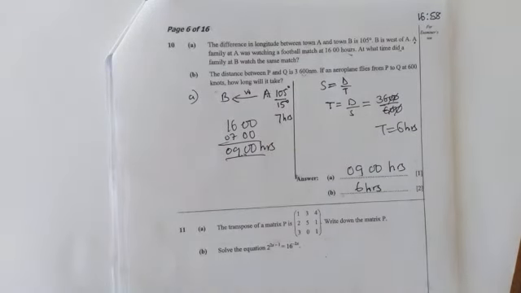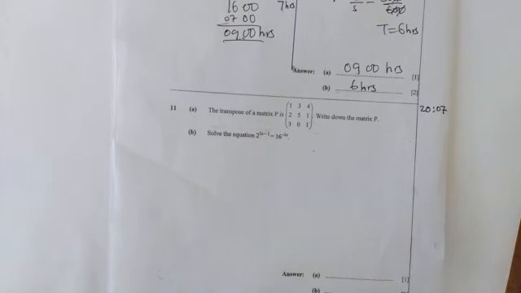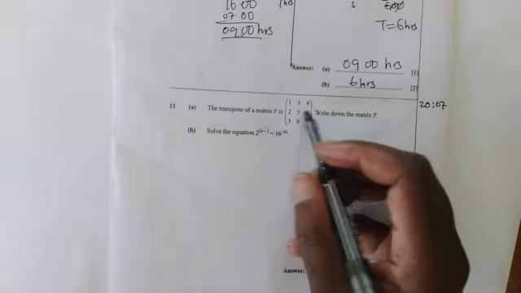Okay, so we move to question 11. Question 11 has two parts, A and B. So let's start with A. The transpose of P is given by this matrix.